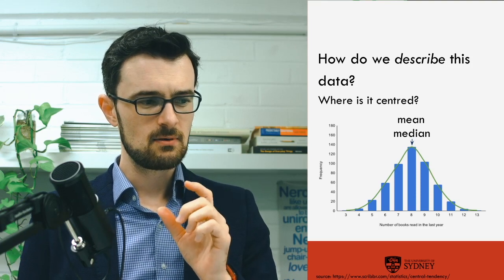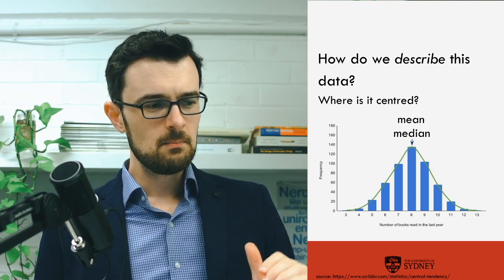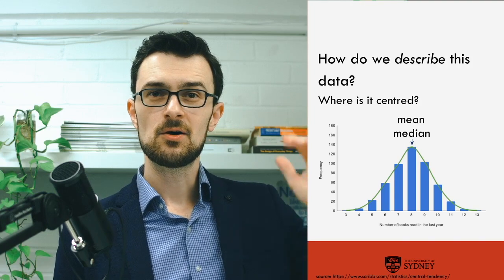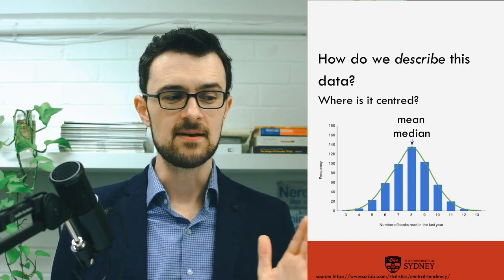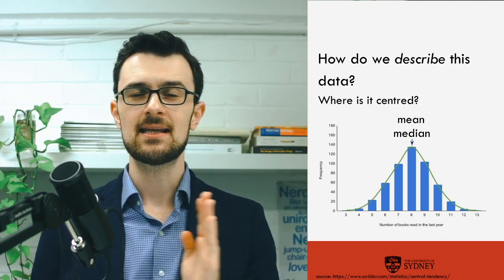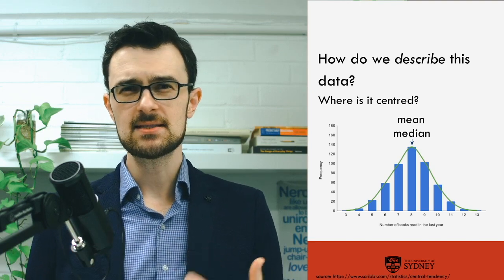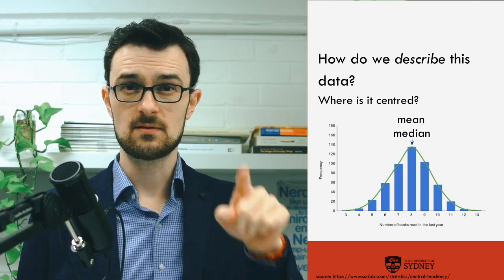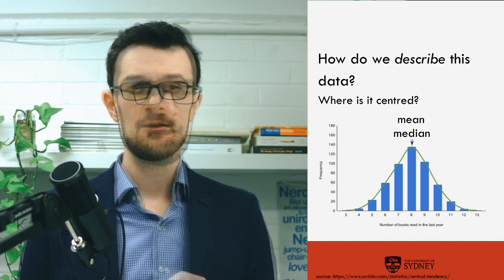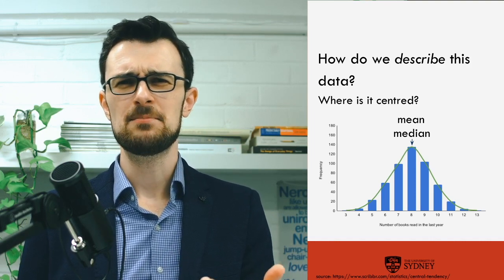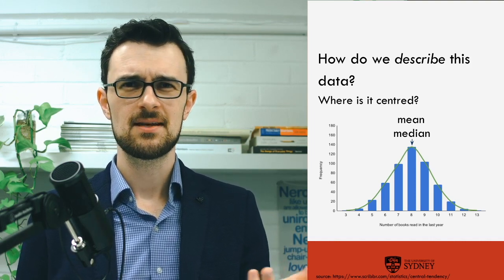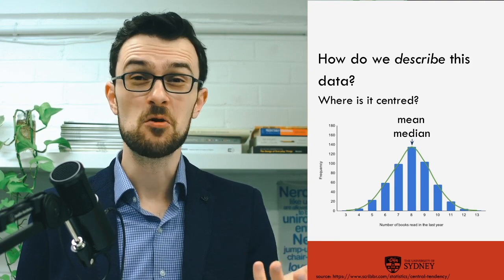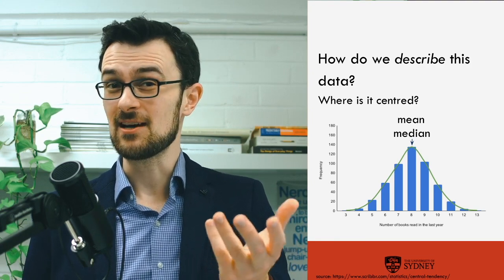Think about this histogram, this sort of chart of number of people on the y-axis and the number of books they've read in the last year. You can see this is a pretty normal distribution. That is, it forms a nice little bell curve, right? Normal is just a statistical word, by the way. It means simple. It doesn't mean that everything should be normal or anything that isn't normal is unusual.